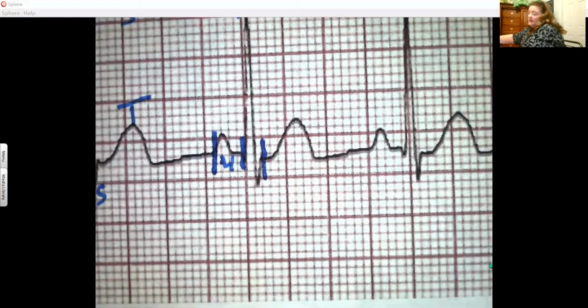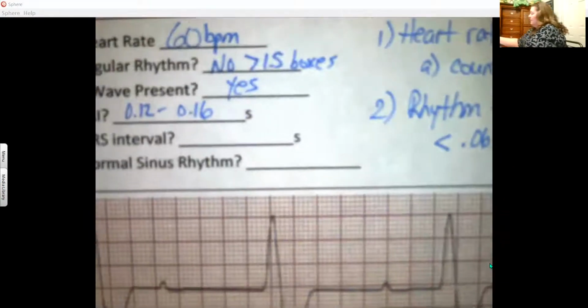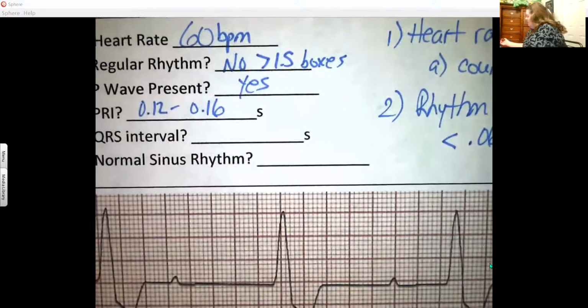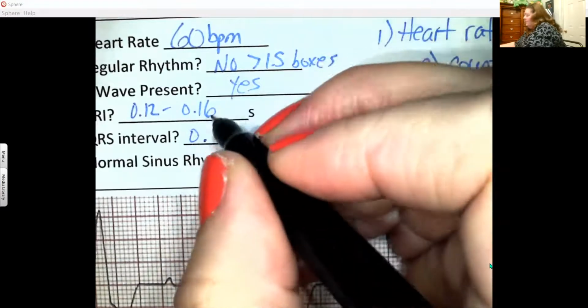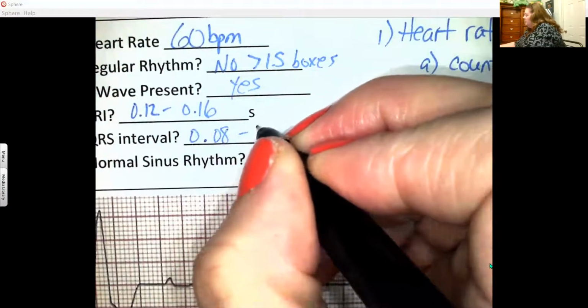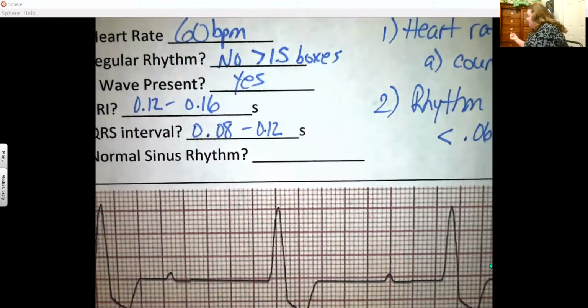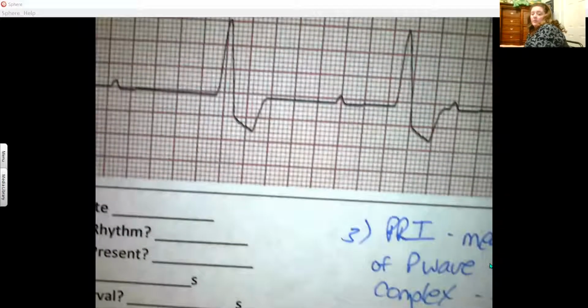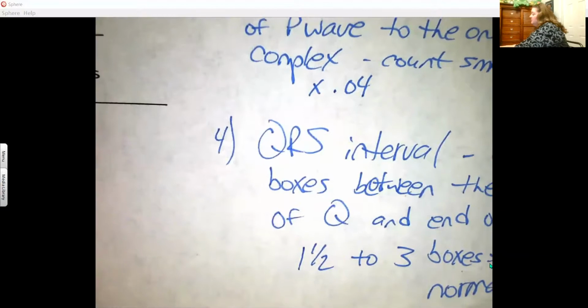So that's again times 0.04. So that's going to be 0.08. You could have gotten, depending on which one you did, as much as 0.12, which would be the 3 boxes different. So it does fall in that normal range of 1.5 to 3 boxes. So we're in the normal range.